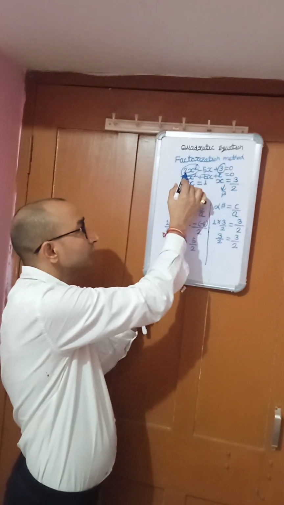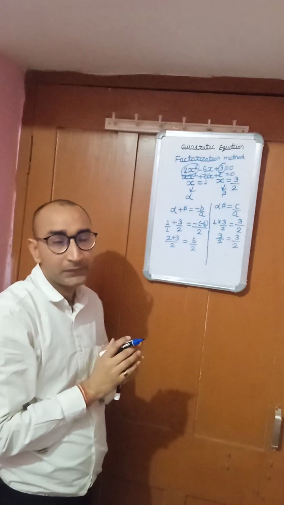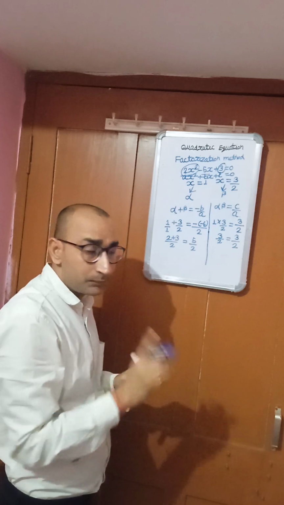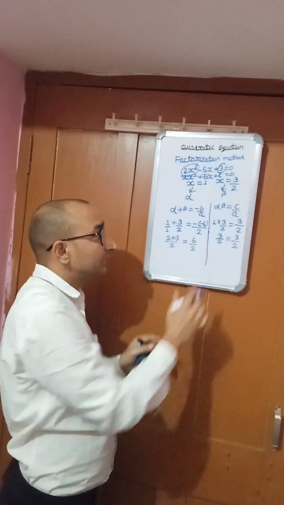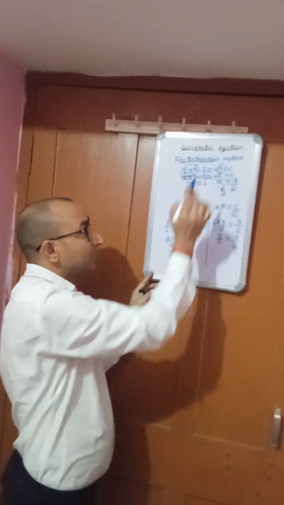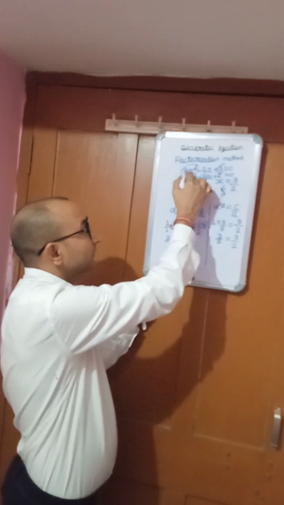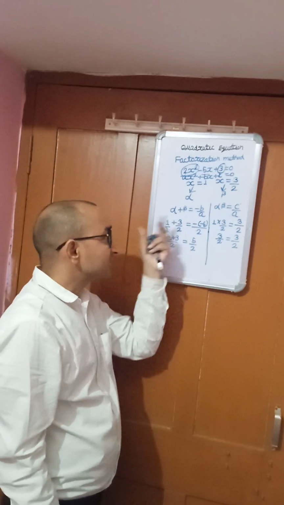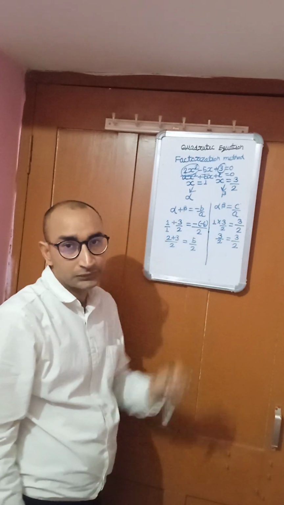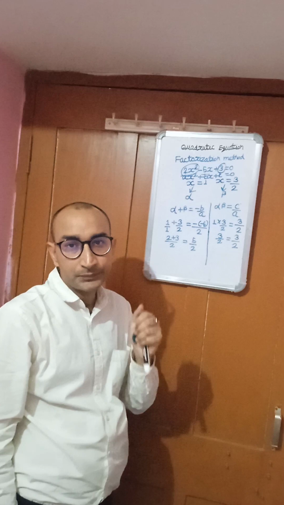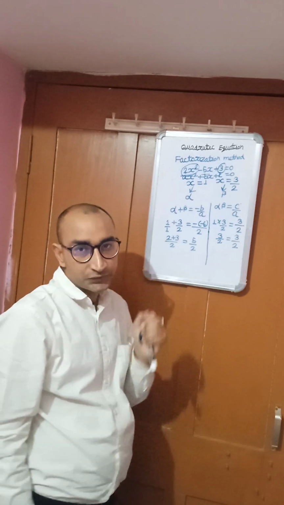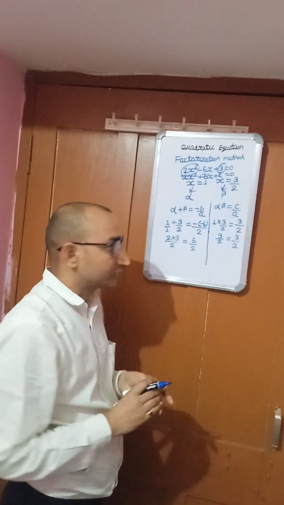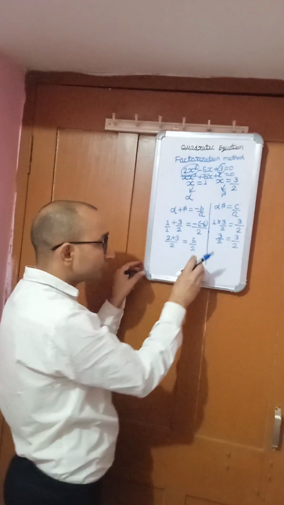If we multiply 2 roots, then it is equal to c by a. This is the formula, and we can say that this is an important concept. Based on this concept, questions come. So I want to take one question based on this concept.